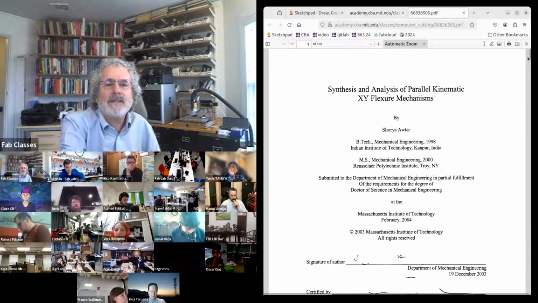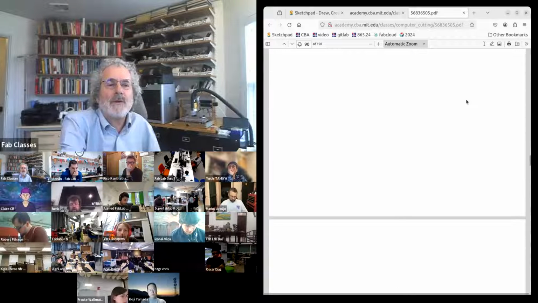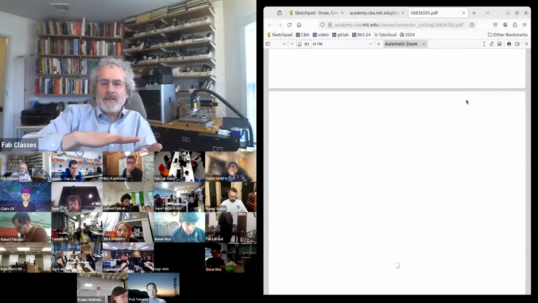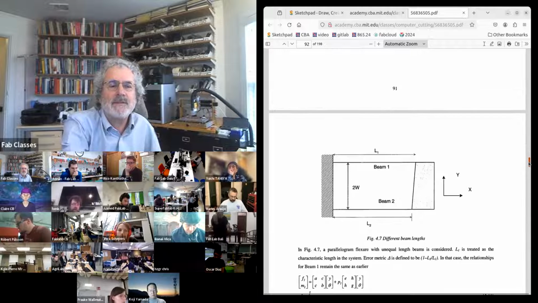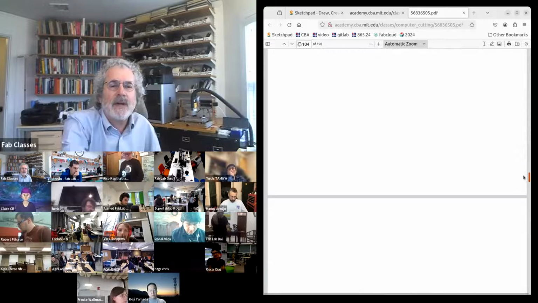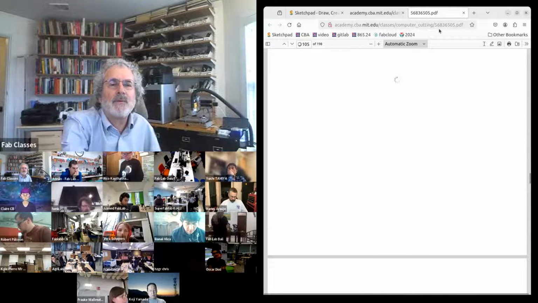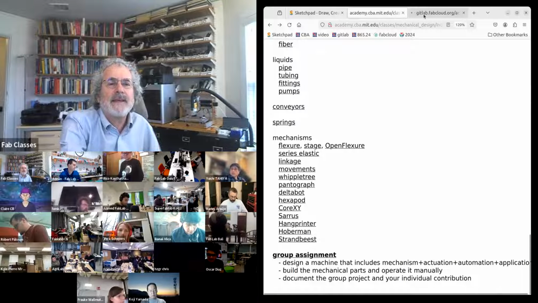In the cutting weeks, I mentioned this thesis on flexures, where I showed the example of making an XY stage just by bending beams from this thesis from a while back. So I won't take the time now to scroll through it, but I did that before. With those flexures, you can make a stage.